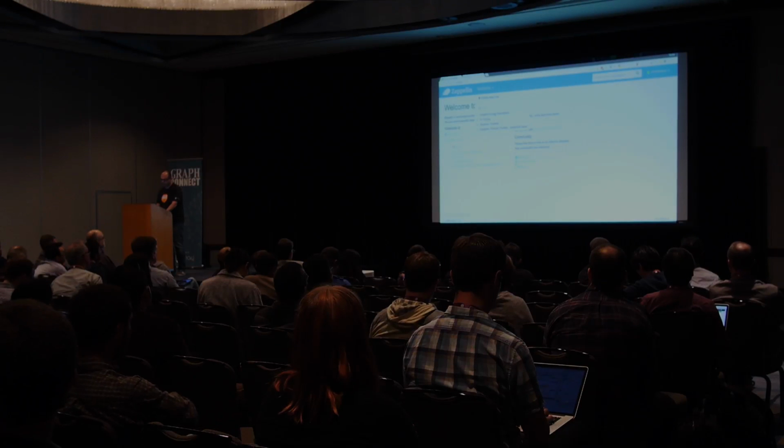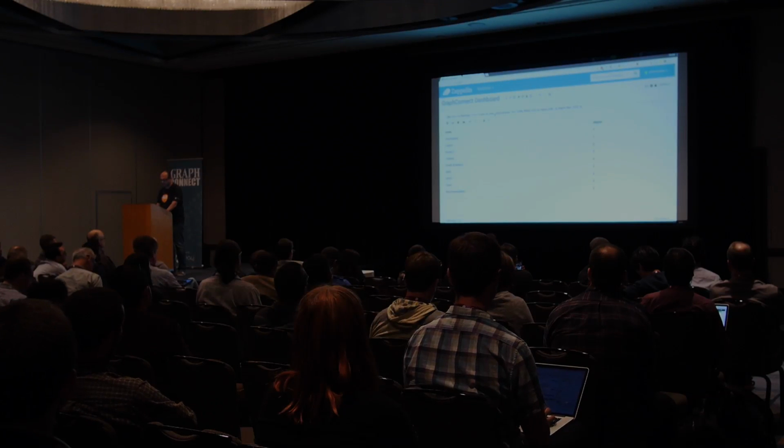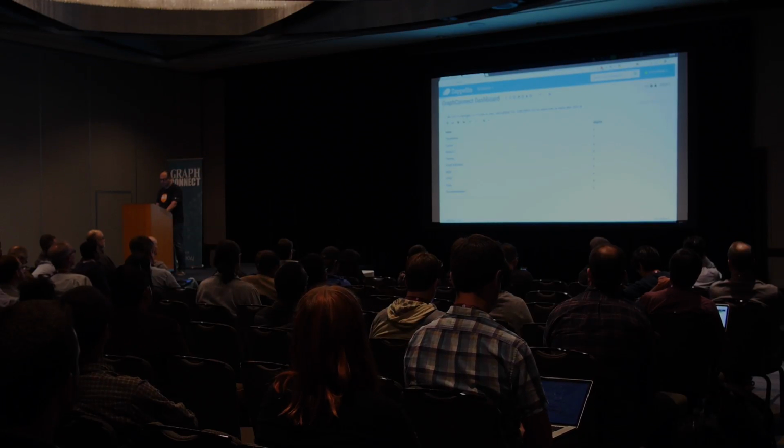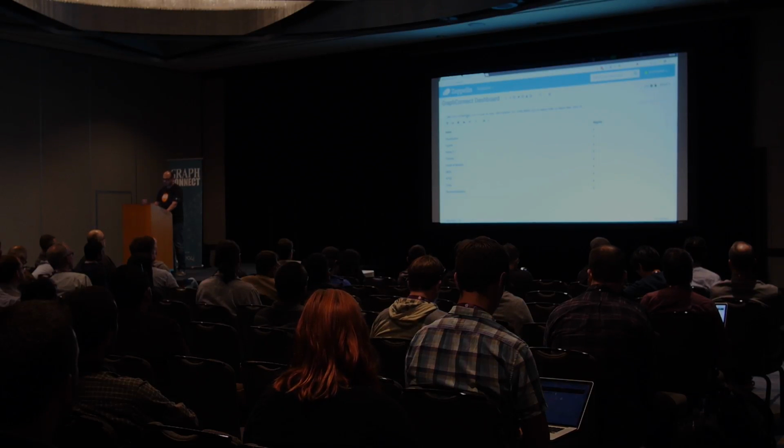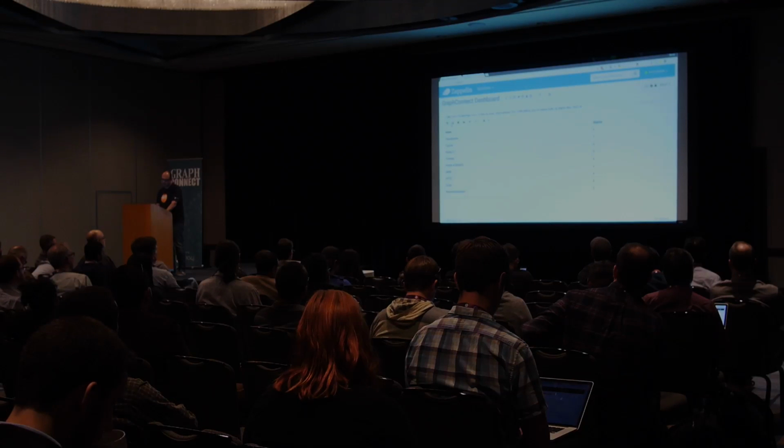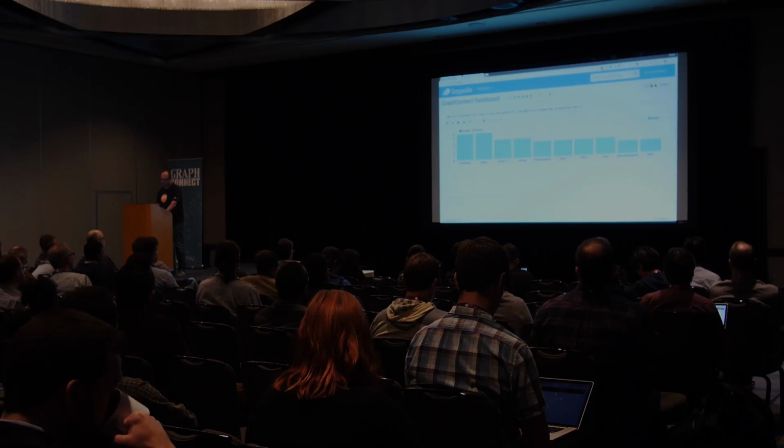I created a kind of mini dashboard with one single query. Here I'm looking for the tags associated with all the talks and ranking them by popularity in terms of sessions. And you can easily switch to some visualization mode here.